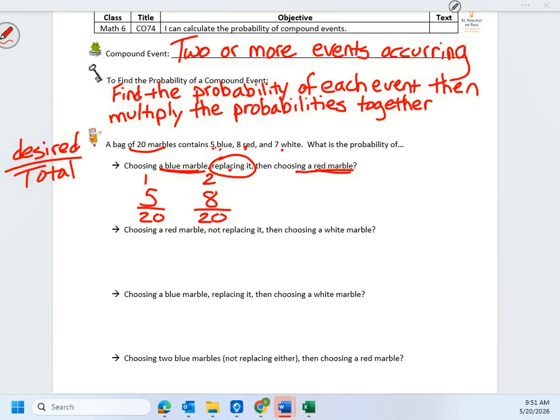What do I do next? Look back at our finding the probability of the compound event. Compound means there's 2 or more happening. What do I have to do with those 2 fractions, Alex? Multiply them together. How do I multiply fractions?